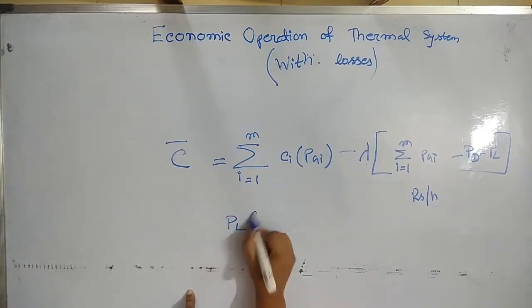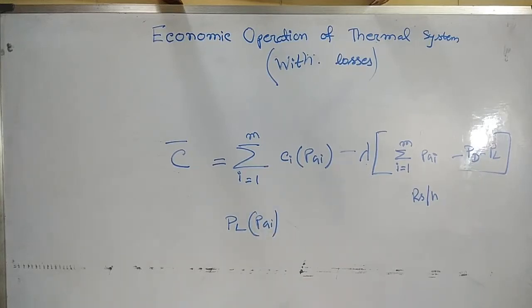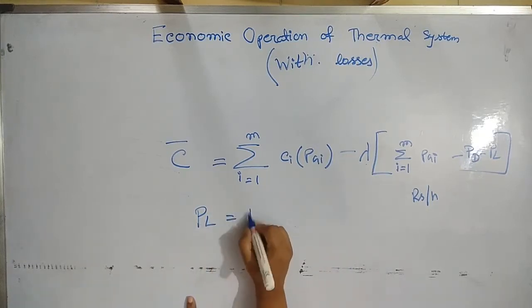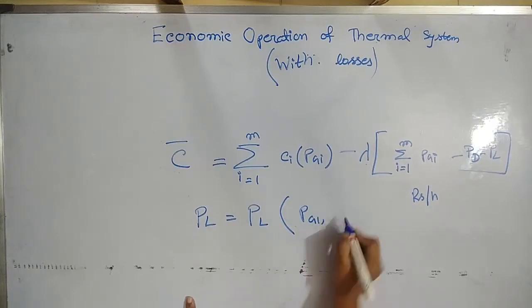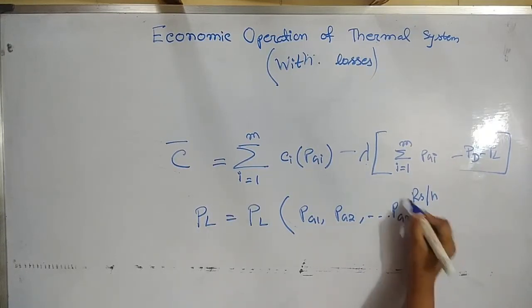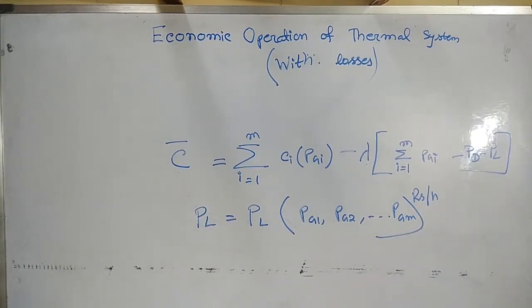If the power factor of the load at each bus is assumed to remain constant, the system loss PL can be shown to be a function of active power generation at each plant, so we can write PL equals PL(PG1, PG2, ...). In this optimization problem, PGi, where i is from 1 to m, are the only control variables.